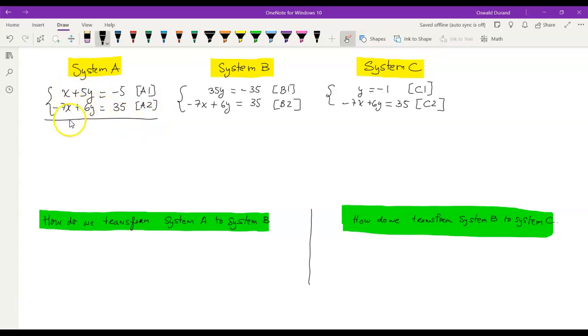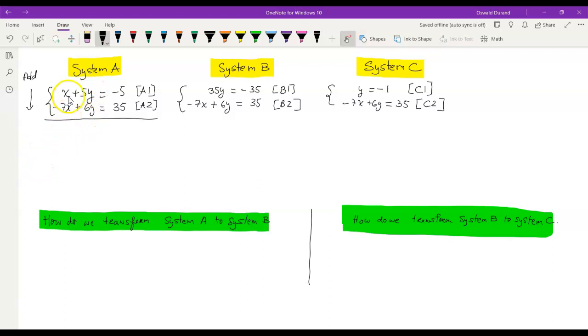Basically, you're adding, right? In order to solve a system of equations using the elimination method, you have to add the two equations vertically, in order to cancel out one of the variables, the x term or the y term.